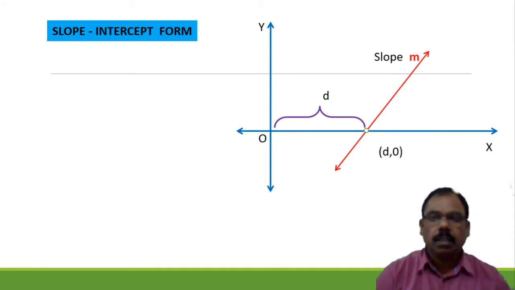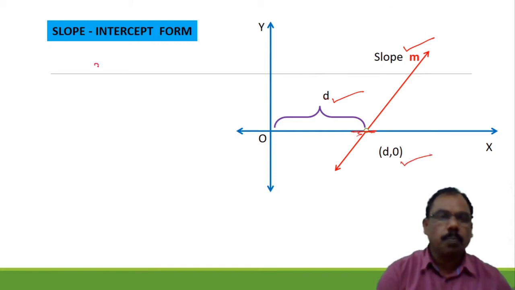In a similar way, we consider a line whose slope is m and x-intercept is given to be d. That means the line is passing through the point (d, 0). So slope is m and the point through which it is passing, we take as (x1, y1) equal to (d, 0).